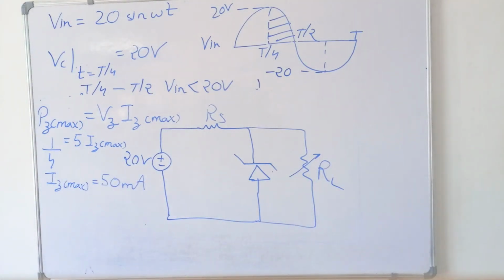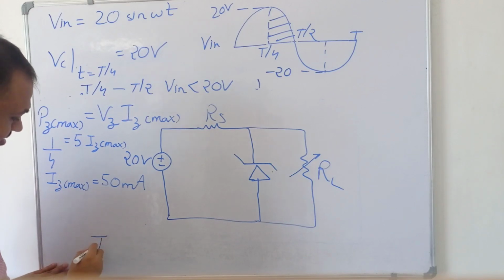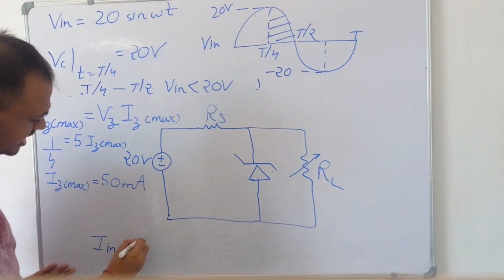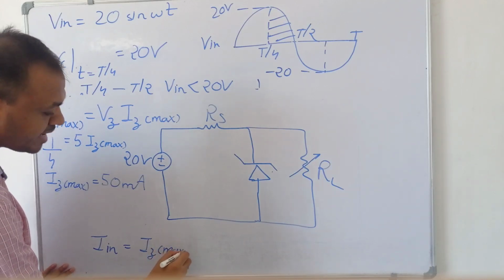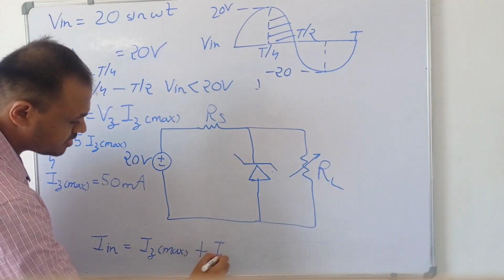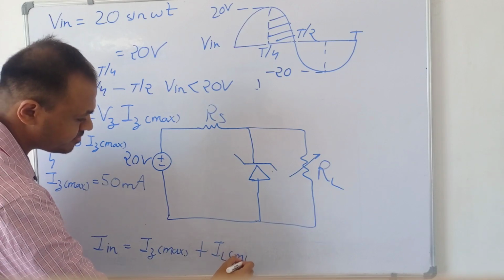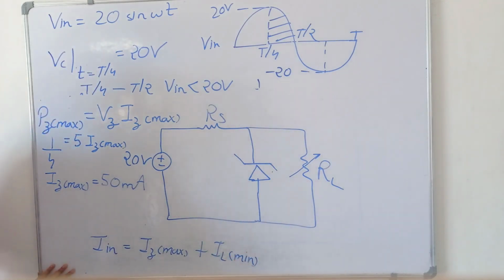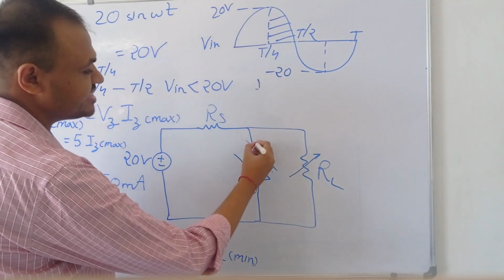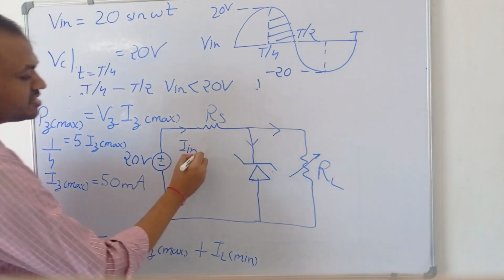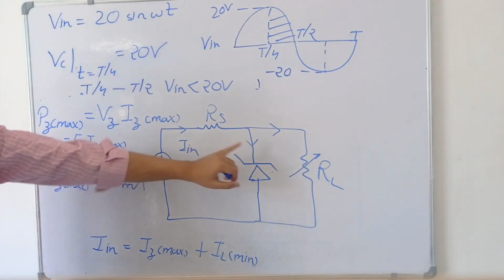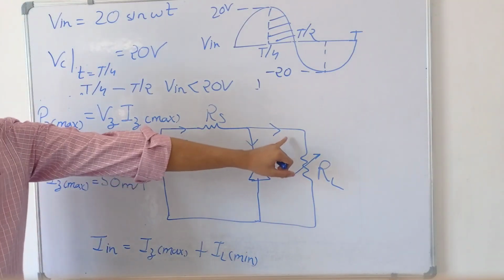So now we can apply the formula I in equal to Iz maximum plus IL minimum. This is your Iz, this is your IL, so this will be the input current. This input current will get divided into two parts, Iz and IL.